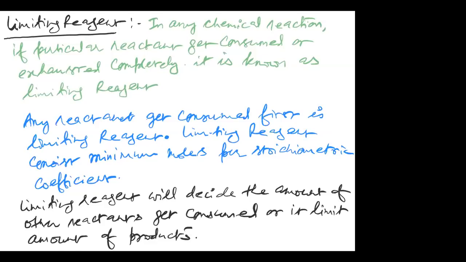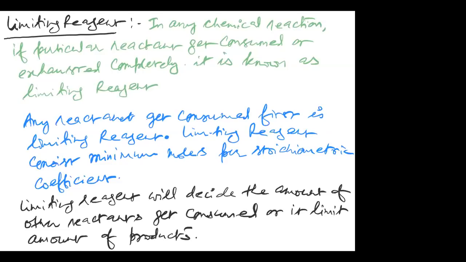It decides the amount of other reactants consumed and limits the amount of product. To understand the definition of limiting reagent in detail, I can take a few examples here.